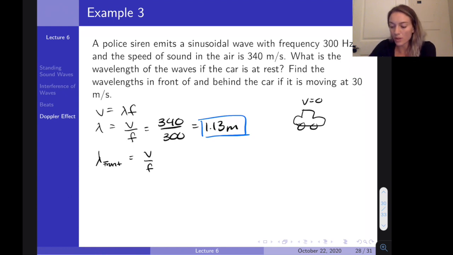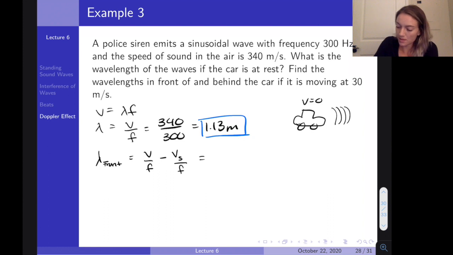And then we want to find the wavelength in front and behind the car if it's moving at 30 meters per second. So lambda in front will just be the original V over F, right? But then we're going to subtract the velocity of the source over the frequency of the source, because these wavelengths we expect to be shorter, since in front they're going to pile up as the car drives. So this is just V minus Vs over Fs, because it's the frequency of the source.